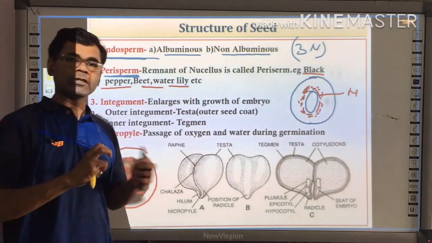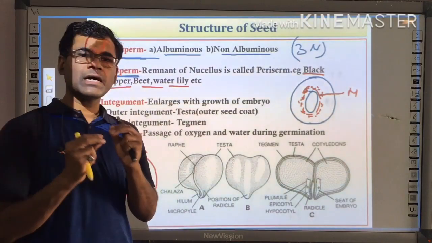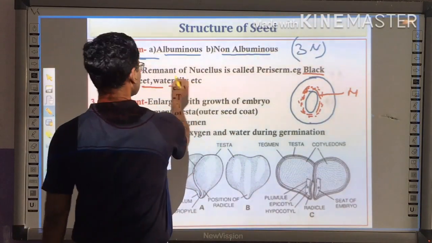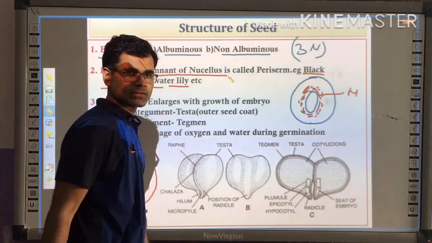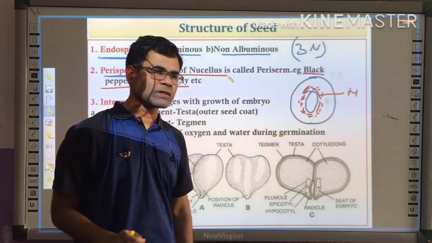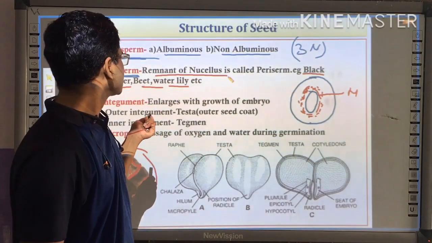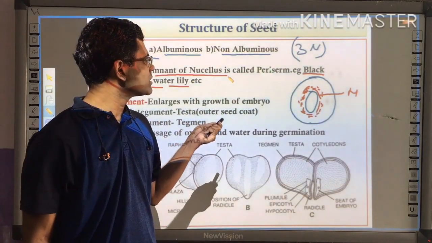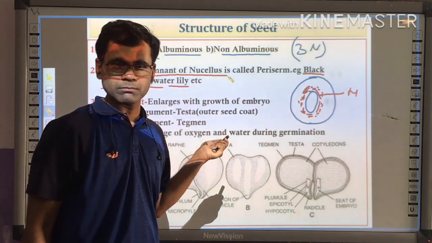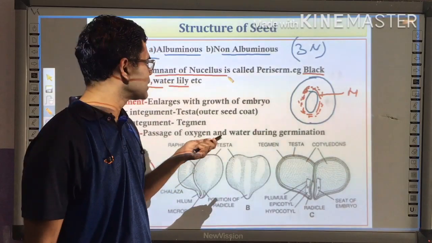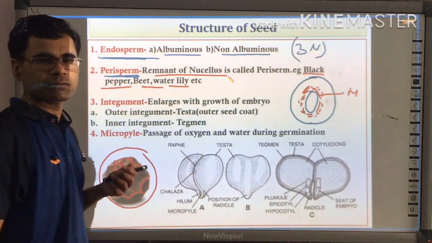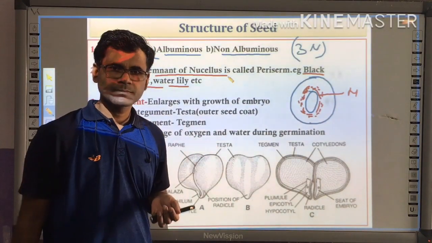So these ridges are nothing but remnants of nucellus. So the nucellus persists as a remnant, and that is termed as perisperm. The best examples are black pepper, beet, water lily, etc.